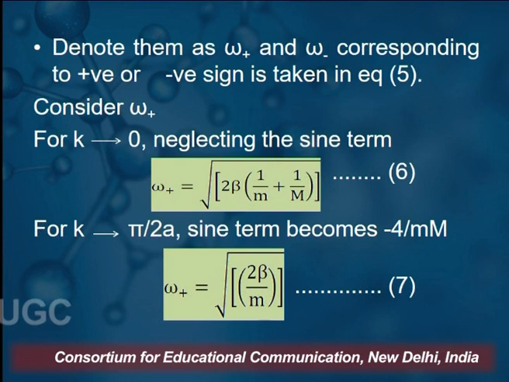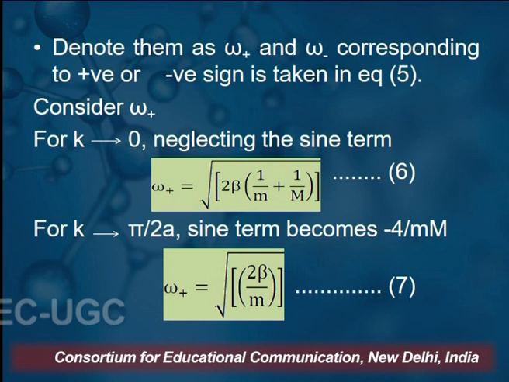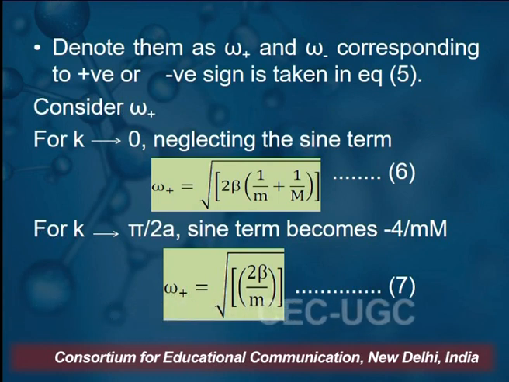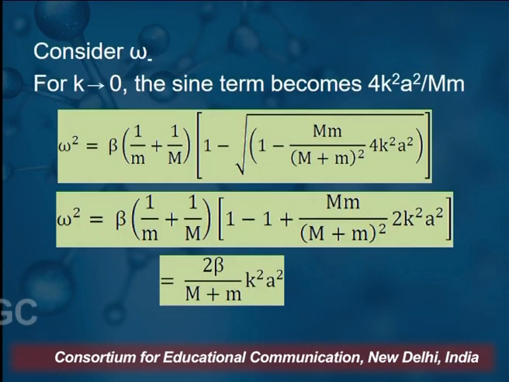That means for k tending to 0, omega plus takes the form under root of 2 beta (1 by small m plus 1 by capital M), and for k tending to pi by 2a, omega plus becomes equal to under root of 2 beta by small m.